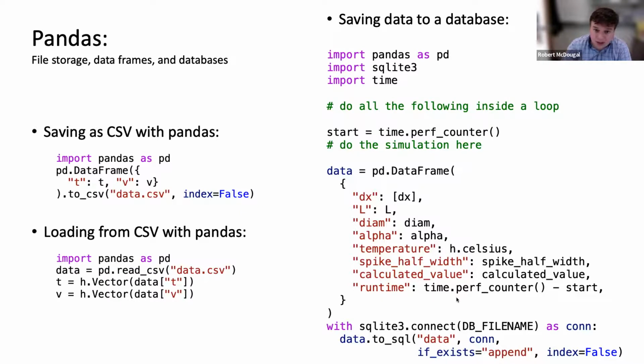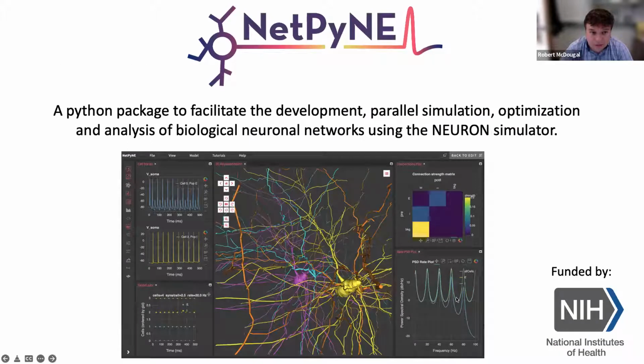And finally, in terms of related resources that you might want to look into, NetPyNE is a Python package for development, parallel simulation, optimization, and analysis of biological neural networks using Neuron. Well, okay, we're already talking about using Neuron.